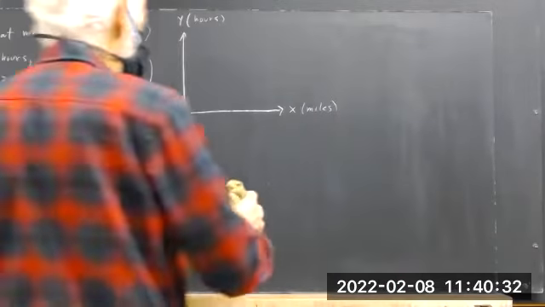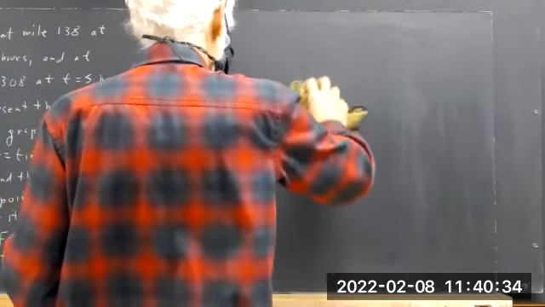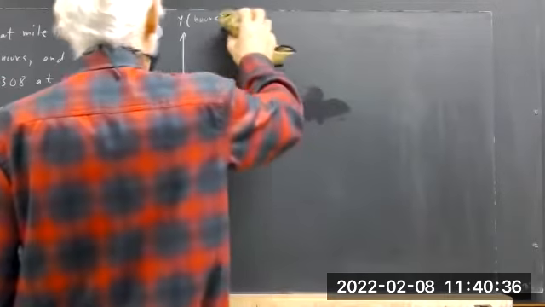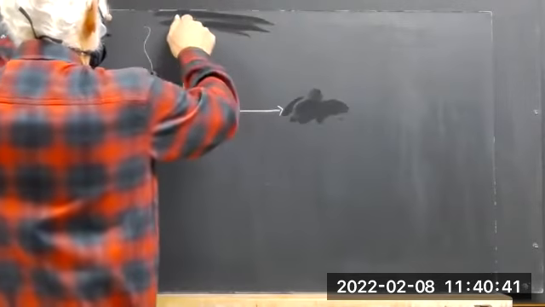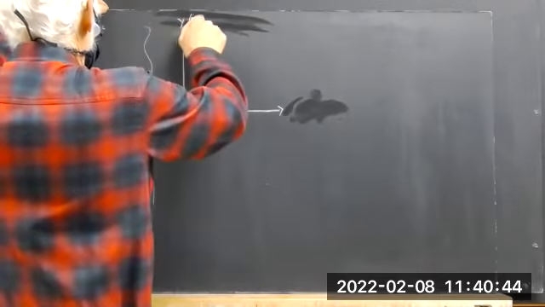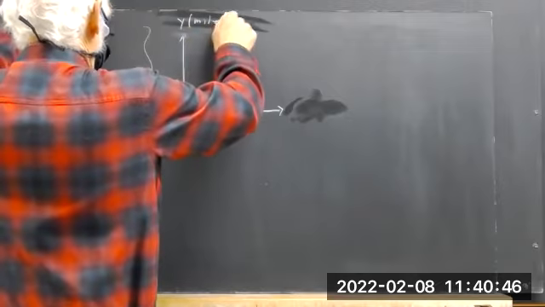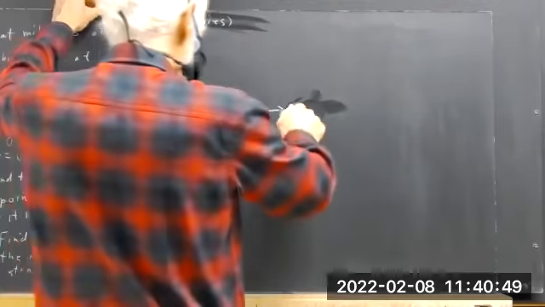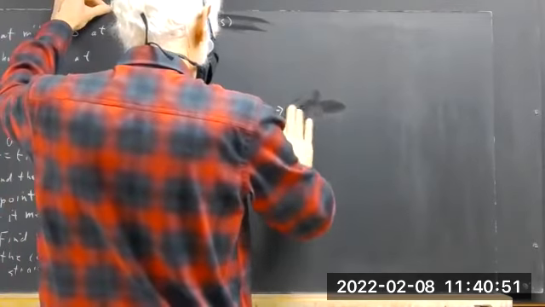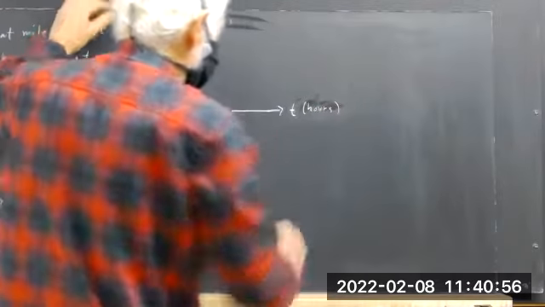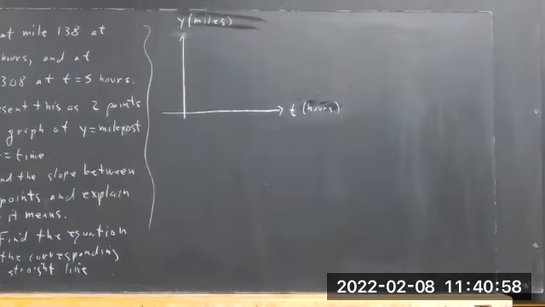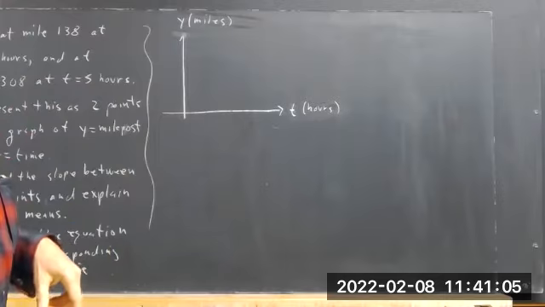Okay. Y is a number of miles. And we're going to use t, which is in hours. Okay, so t has to go at least from 2 to 5, right?